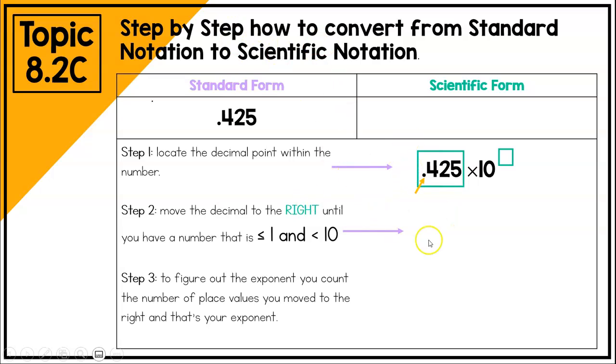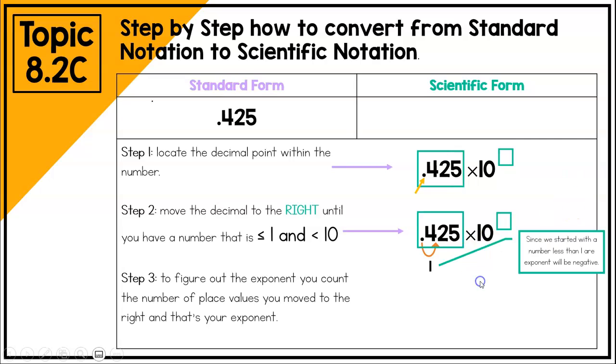In this case, I only have to move it 1 time. When I move it that 1 time, I get 4 and 25 hundredths, which is greater than or equal to 1, but less than 10.